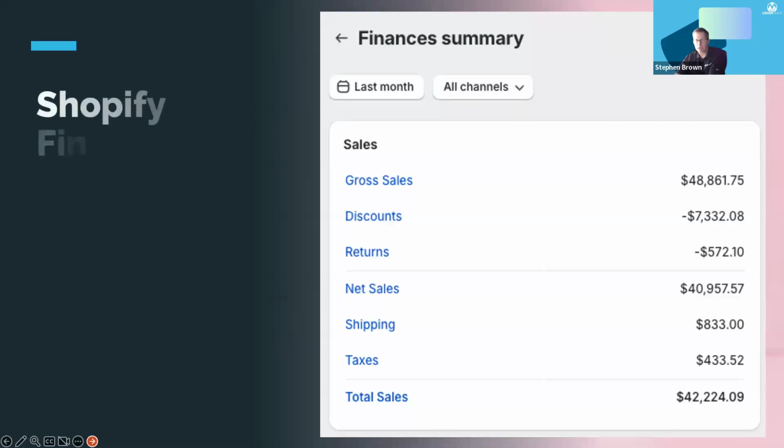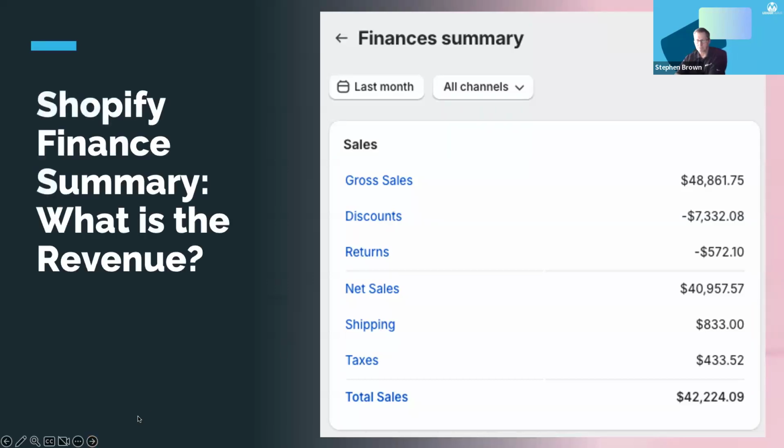Let's do a kind of a crazy example. This is the Shopify Finance Company. What is the revenue? So I'm going to ask you a question. This is kind of accrual accounting, but it's also just understanding what the heck's going on.